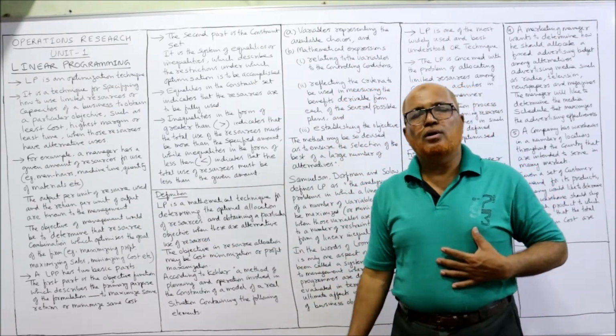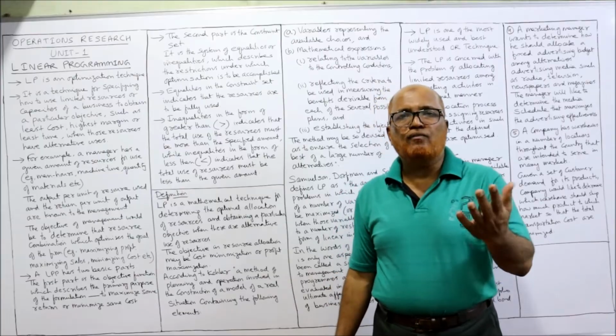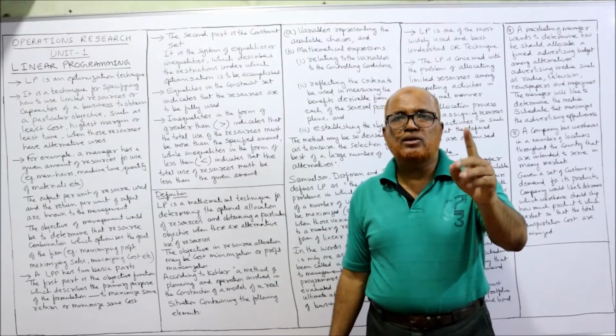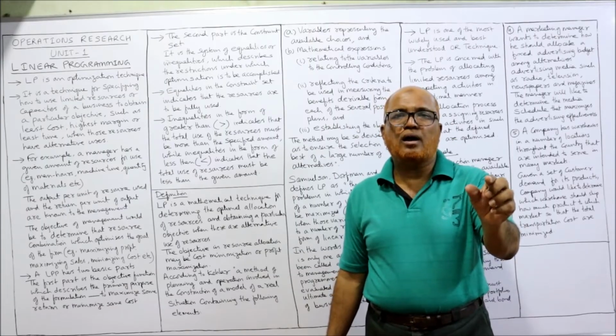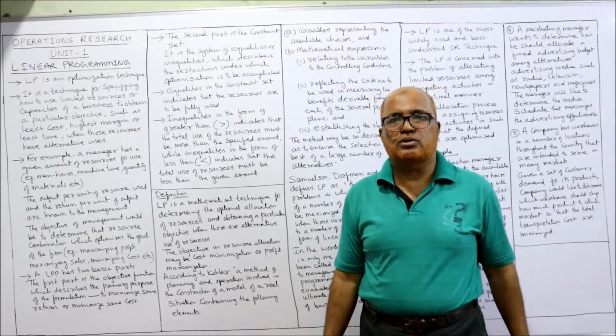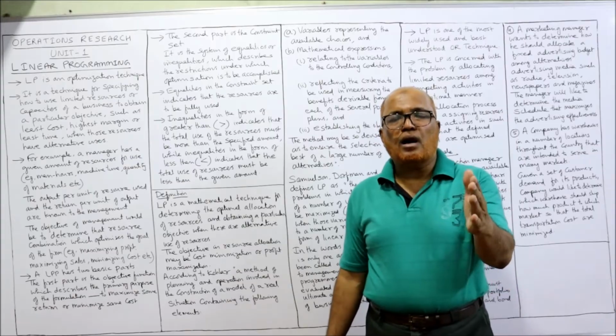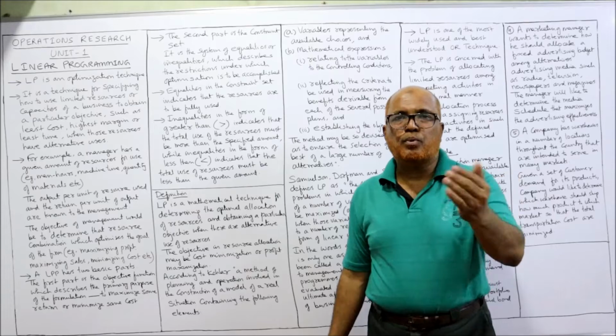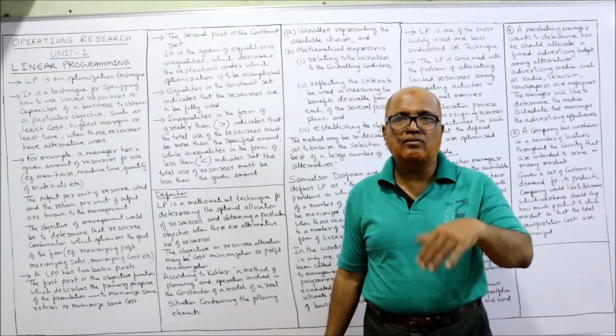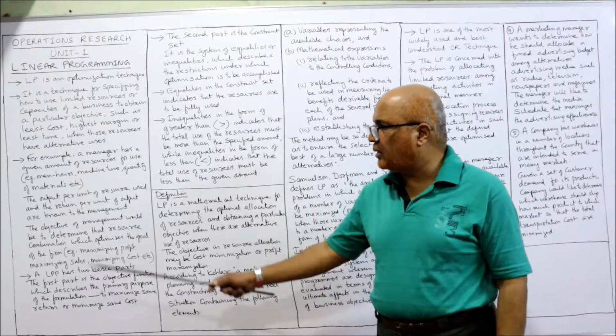The management already knows how much profit we can get for each unit of output and how many resources are required for making that output.